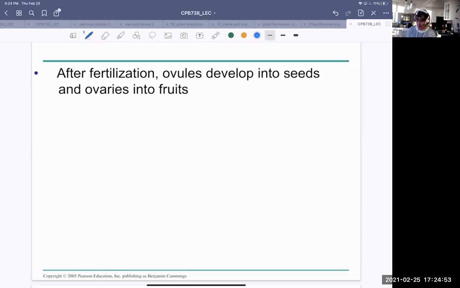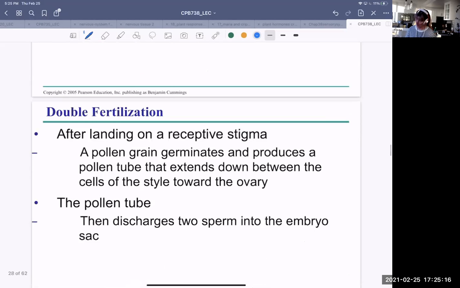One of the sperm get together with the 2 polar nuclei, and then that eventually becomes endosperm. And the other sperm fuses with the egg, and that becomes the embryo. And then after that, the ovules develop into seeds and the ovaries into fruits.